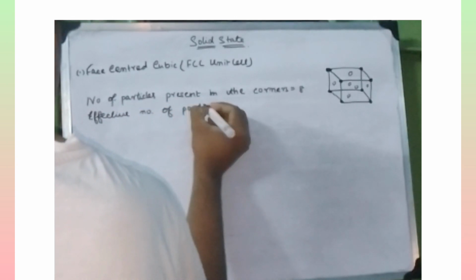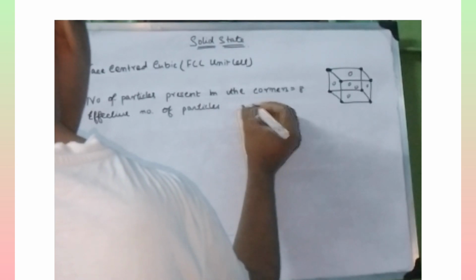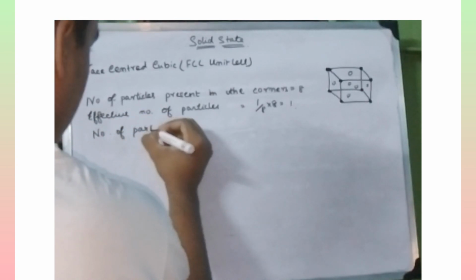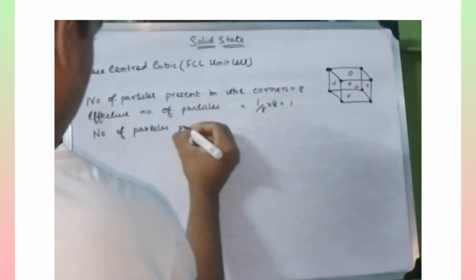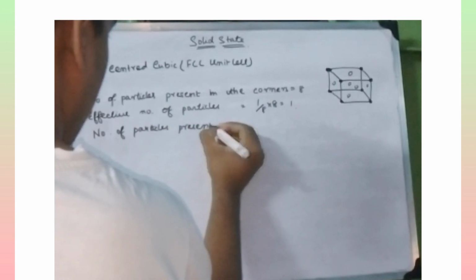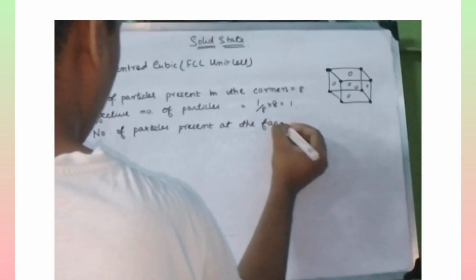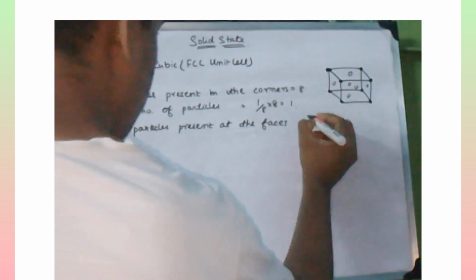Each atom present at the center of a face is shared equally by 2 unit cells, contributing half to the unit cell. Hence, we can say that the number of atoms in a face centered unit cell will be 8 into 1 by 8 plus 6 into 1 by 2, which will result to 1 plus 3 equals 4 atoms.